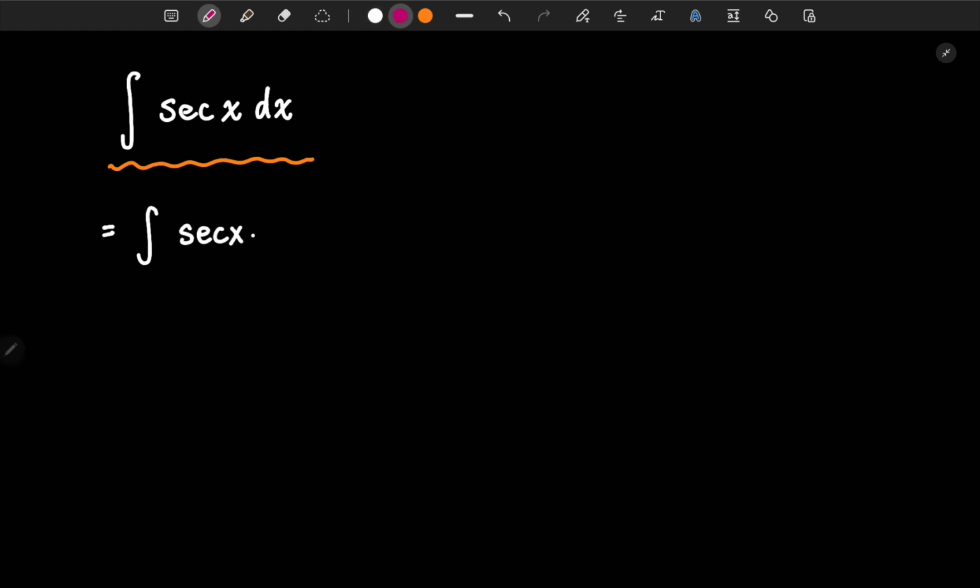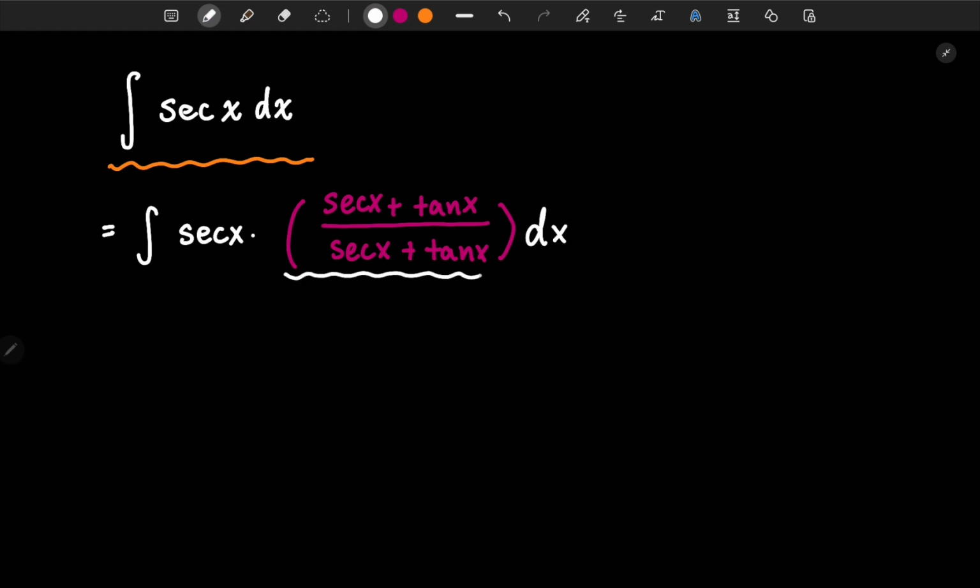In here, we're going to multiply secant x by (secant x plus tangent x) over (secant x plus tangent x) dx. What's inside the parentheses is equal to 1, so we're not changing the value of our integral.